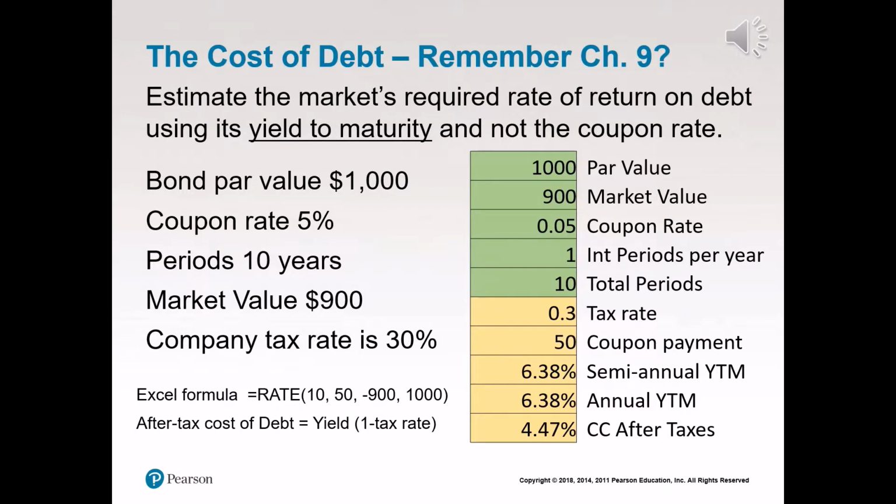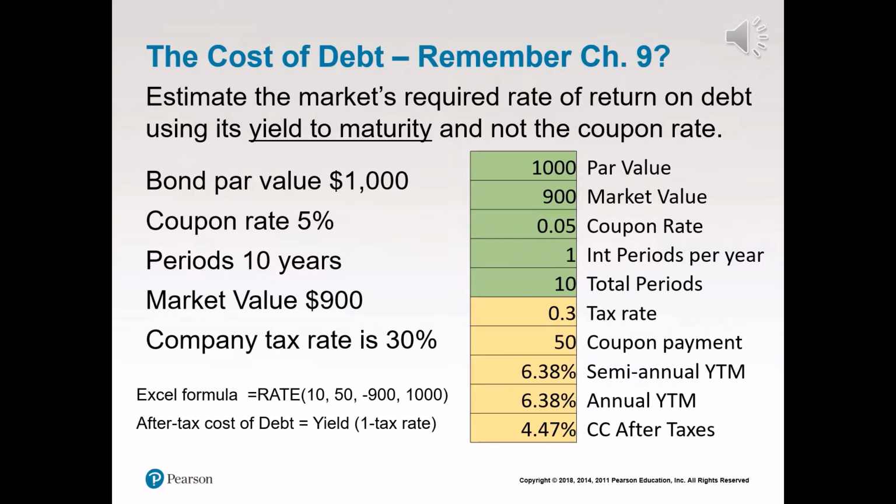This is what it looks like when you calculate the cost of capital using a template. You'll have your par value, your market value, your coupon rate, how many periods there are per year, that helps you identify whether it's semi-annual or annual, and the total periods. You'll put in the tax rate, and the coupon payment will calculate based on the information that you've already entered to identify your yield to maturity of 6.38%.